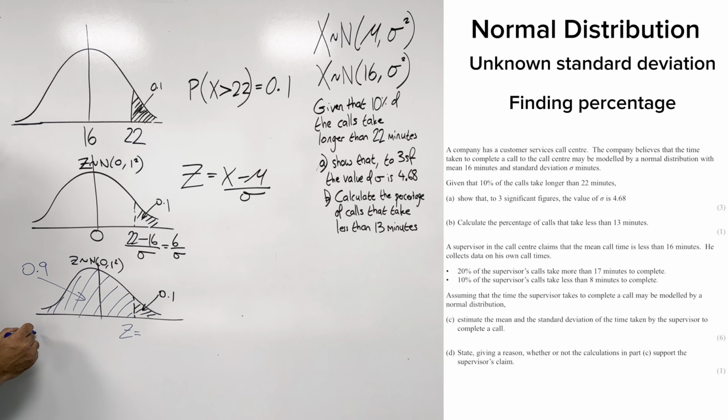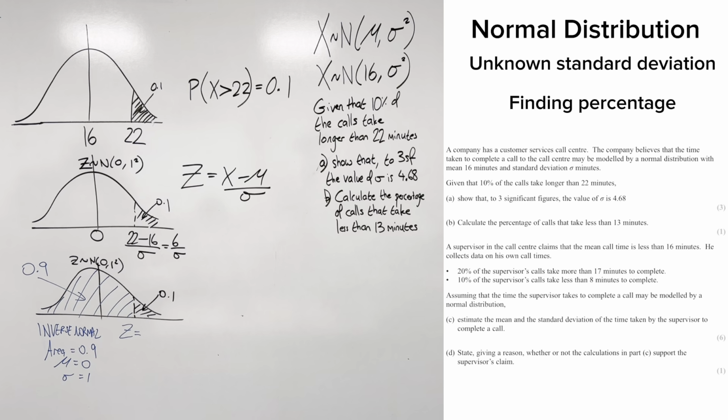So all you need to do is, on your calculators, inverse normal, area equals 0.9, mu equals 0, and sigma equals 1, because I'm using a standard normal distribution. And this will give me my z value.